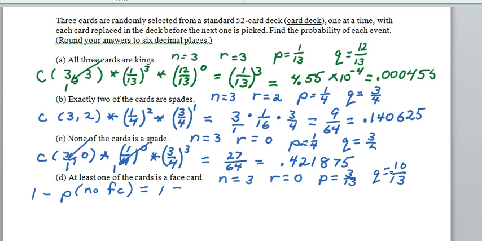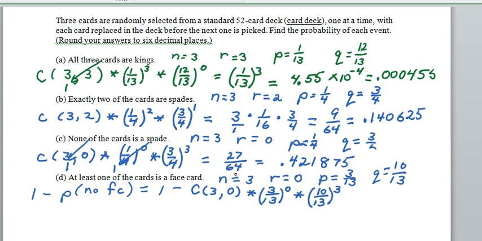So we'll have 1 minus C(3,0) times 3/13 to the 0 times 10/13 to the 3rd.